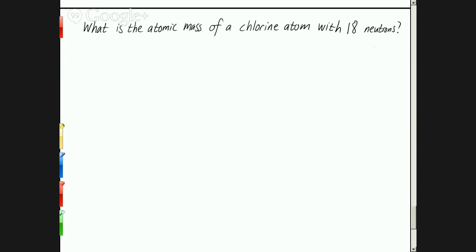If you don't have a periodic table with you, as we just discussed, chlorine is Cl. So what do you think? What's the atomic mass of a chlorine atom with 18 neutrons?